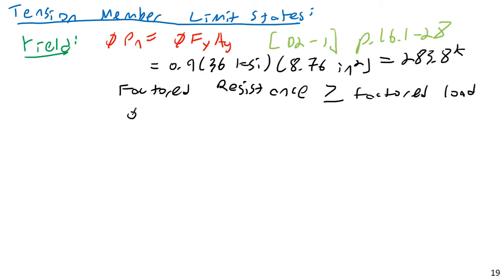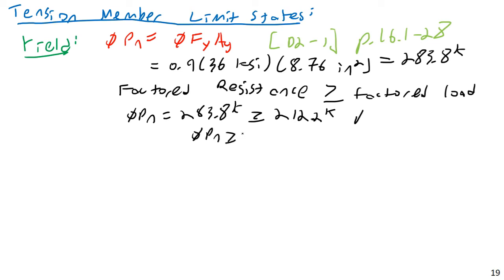So, phi Pn, we already calculated as 283.8 kips. And this must be greater than or equal to our previously calculated P ultimate of 212.2 kips. And indeed it is. So therefore phi Pn is greater than or equal to P ultimate.